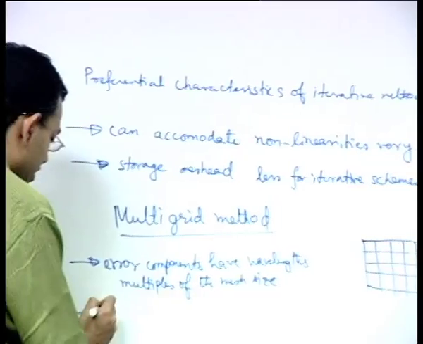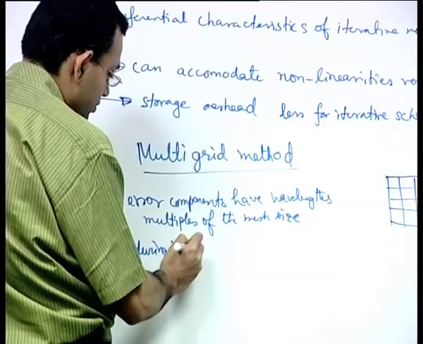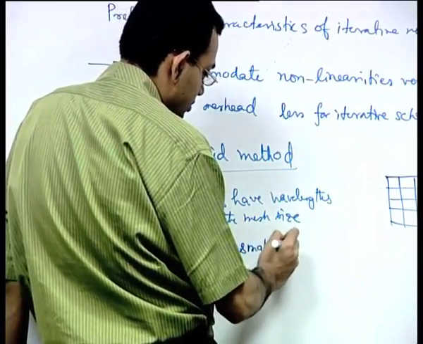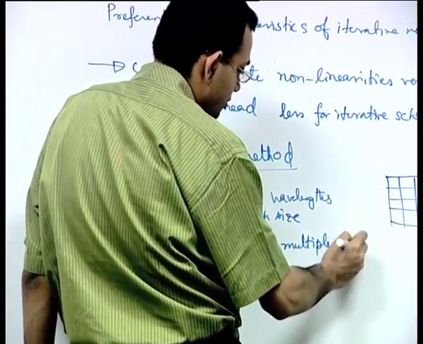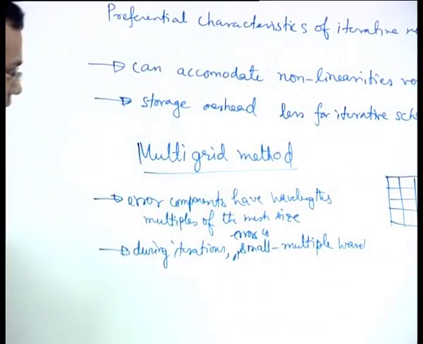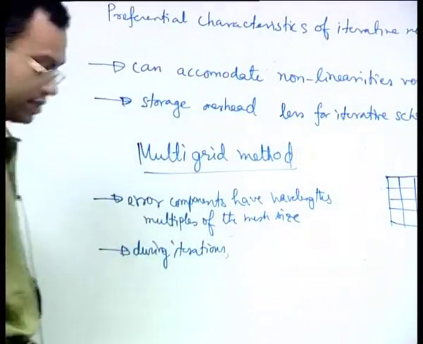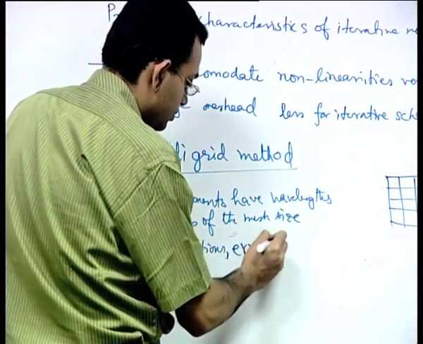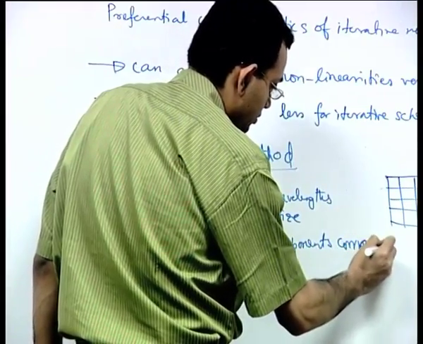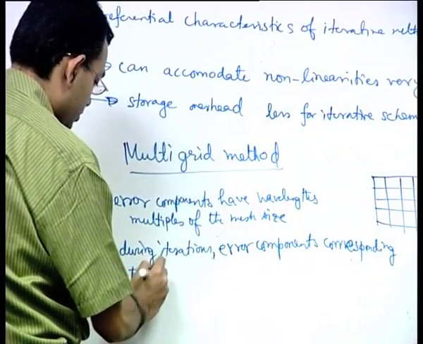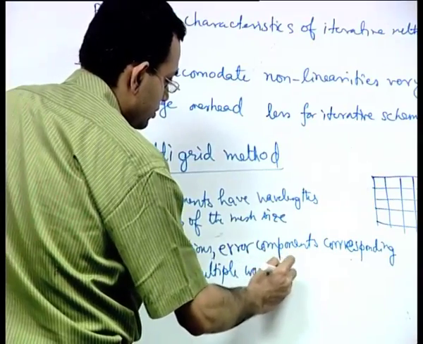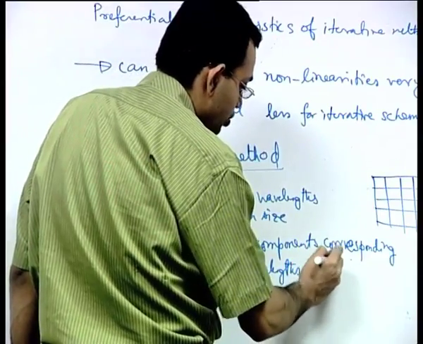So what happens is during iterations, error components corresponding to small multiple wavelengths tend to get reduced quickly.